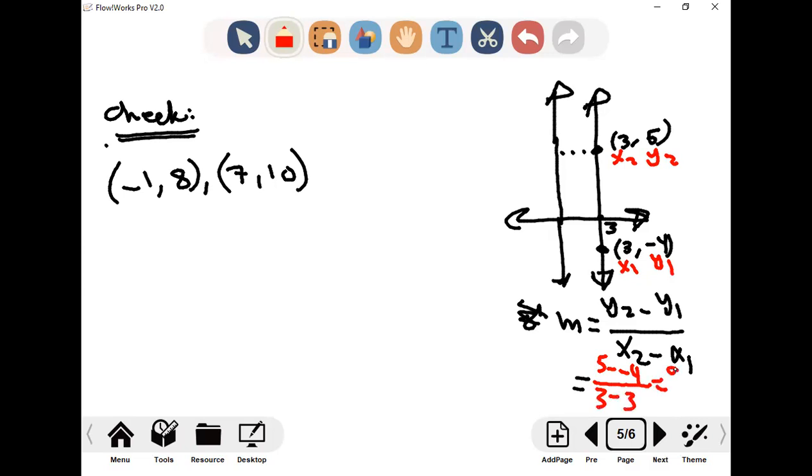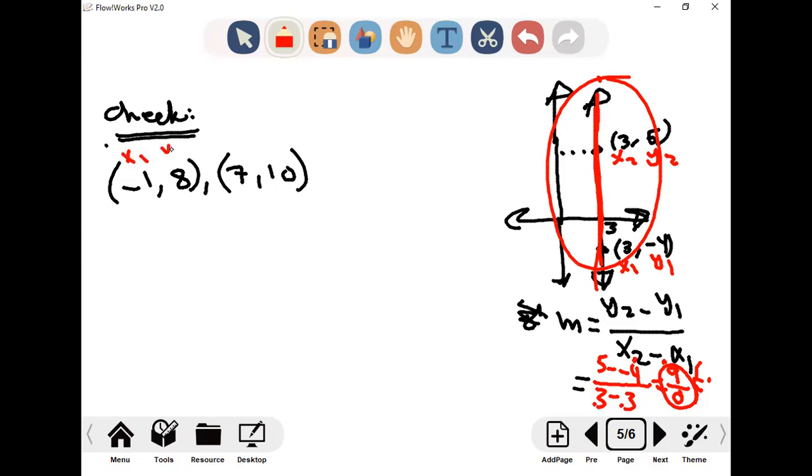Up is 9 over what? And we know this value is undefined, which is an error, right? That's why a vertical line has the same x coordinate. If you subtract the same number, the bottom will be 0. That's why it's undefined. Let's go back here now.